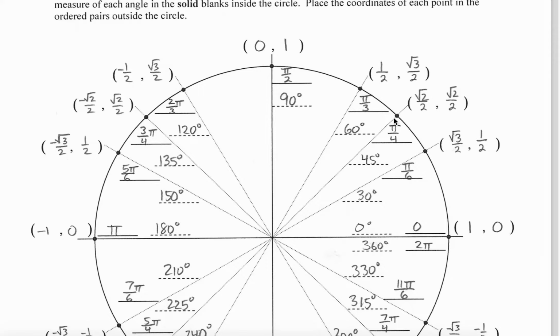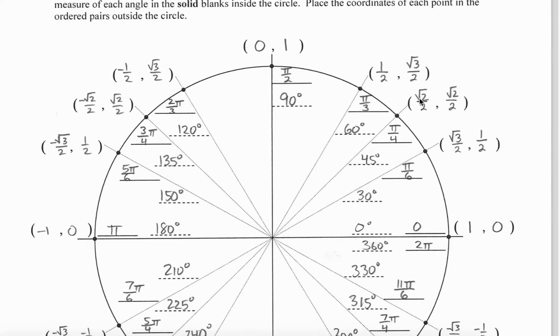If you're familiar with your 45, 45, 90 special right triangle, which we can draw right here, we can use the lengths of that right triangle to give us the coordinates of this position. So if we have a radius of 1, that means we have a hypotenuse with a length of 1. We could cut that in half and multiply by the square root of 2 to get our side lengths.